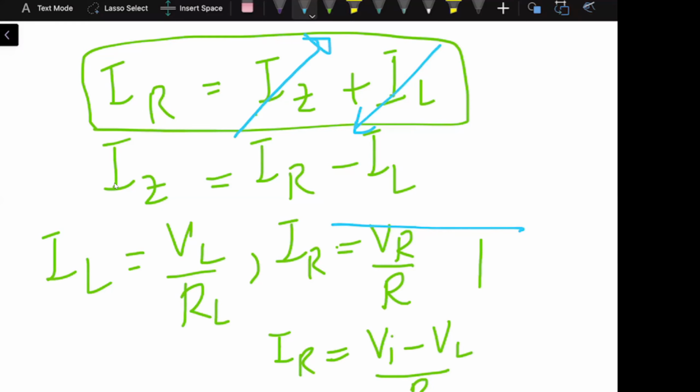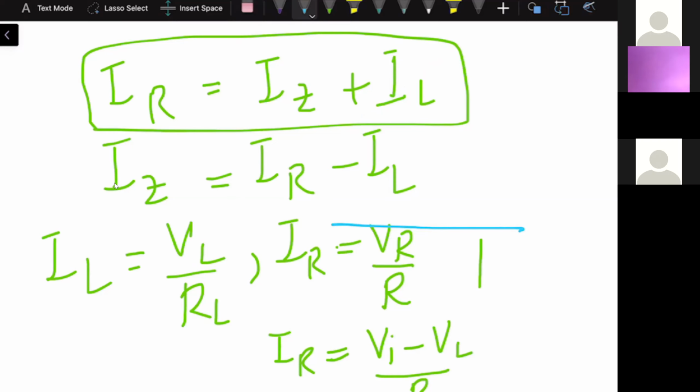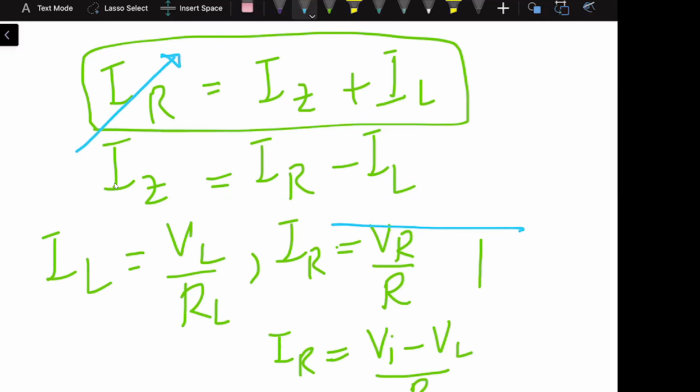Similarly, if we vary the input voltage VI and the output RL is kept constant, then in that specific case we will have an increase in IR, and that increase will result in an increase in IZ, right? Again, an increase in IZ, but keeping VZ constant.